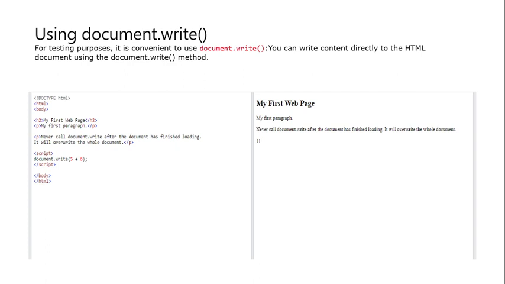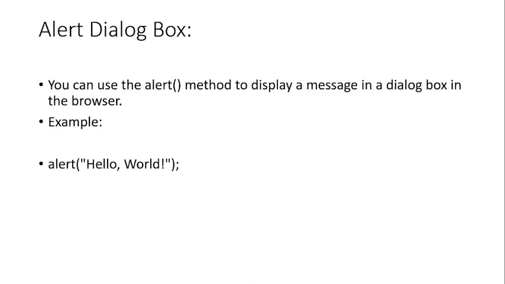So 5 plus 6 is equal to 11, which is printed directly, and this is used for testing purposes, whether it is working properly or not. You can see the output 11 is present there.